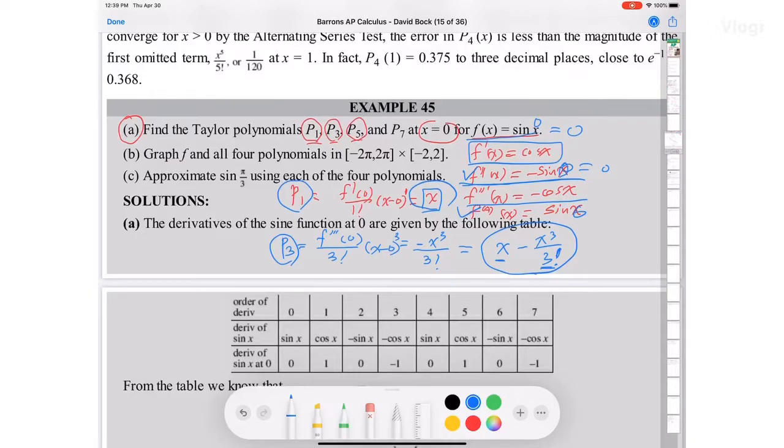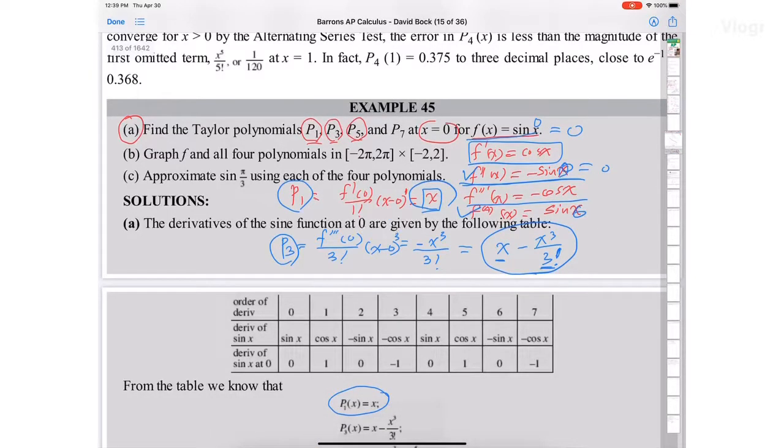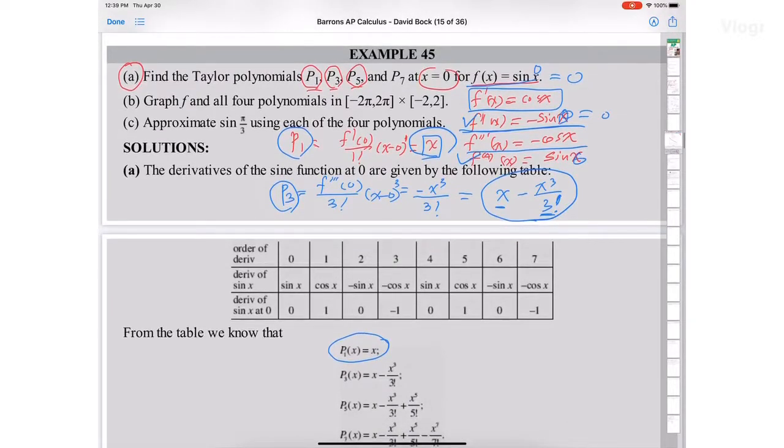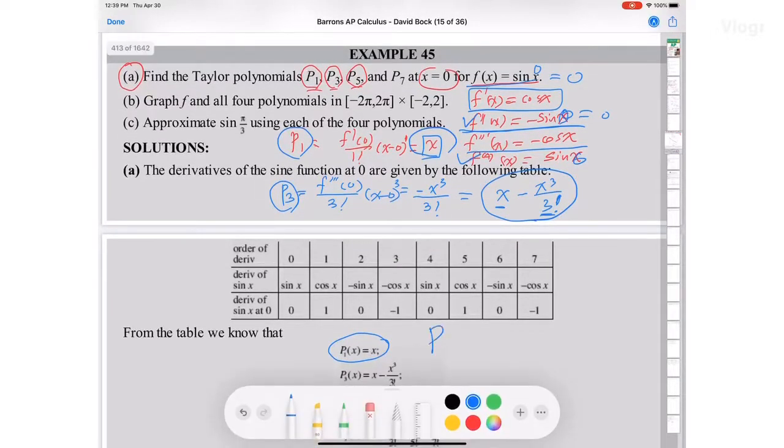That is the answer. What about P5? P5 means the first term A0 plus A1 plus A2 plus A3 plus A4 plus A5.